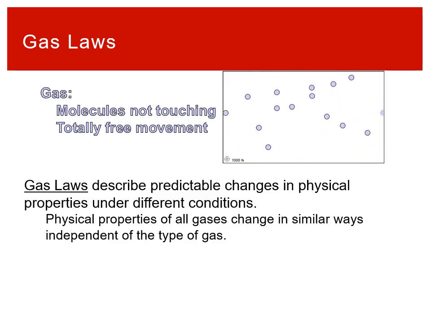In solids and liquids, their physical properties will change, as if you heat up the temperature, the volume would change in response to that. But each different solid and liquid responds in its own way. Gases all consistently respond in the same way, meaning we can come up with single relationships to describe how the physical properties of any gas are going to change when we affect the conditions that the gas is under.